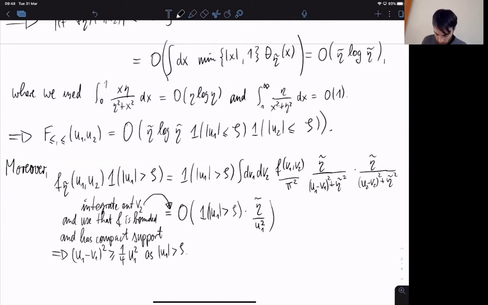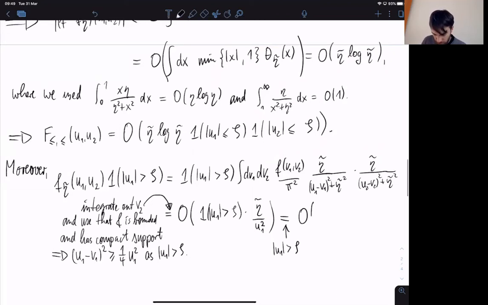Okay, and just to bring it in a little bit nicer form, we can use this definition again and change the denominator here a little bit. Namely, this is the same as of order the characteristic function of U1 bigger than zeta, eta tilde U1 squared plus zeta squared.